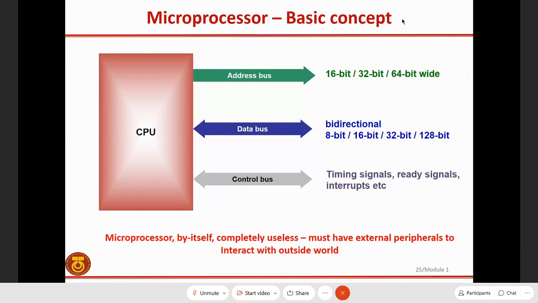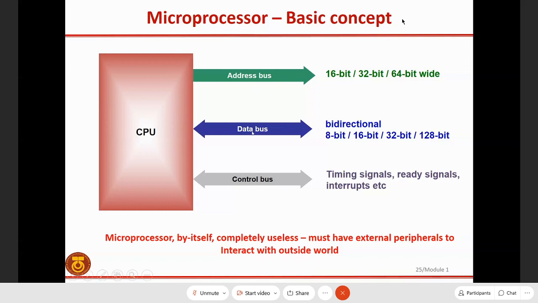To address or to collect from the memory, we need to collect something. Why does the CPU put something on the address bus? Because it needs to collect something from the memory location. And then there's a data bus.